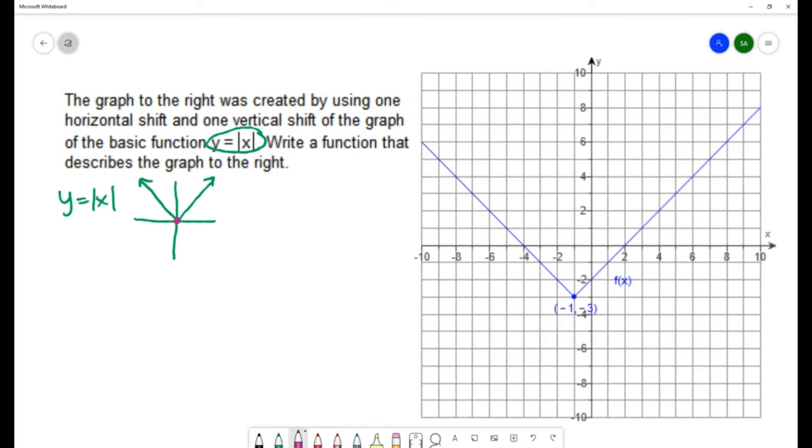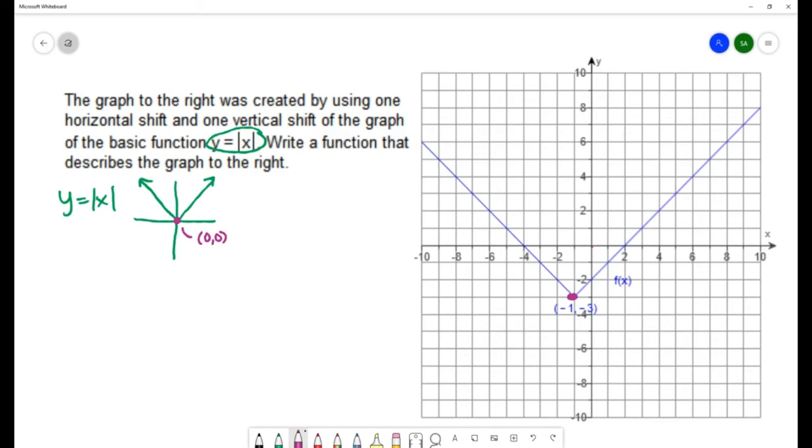That corner is happening at the origin, which is at 0, 0. So if we pay attention to that corner and where the new corner is, that's going to be helpful in understanding what our vertical and horizontal shift are going to be.